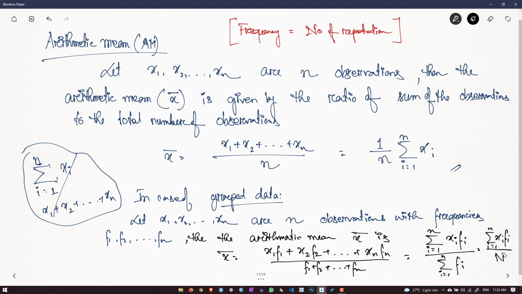This summation of f is in short written as capital N. So this is the formula.